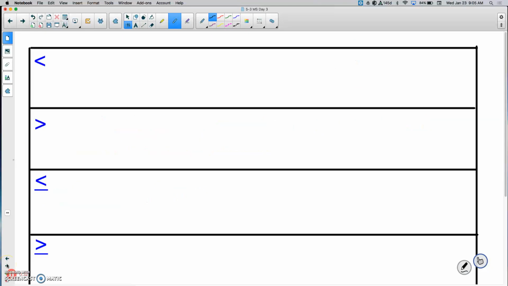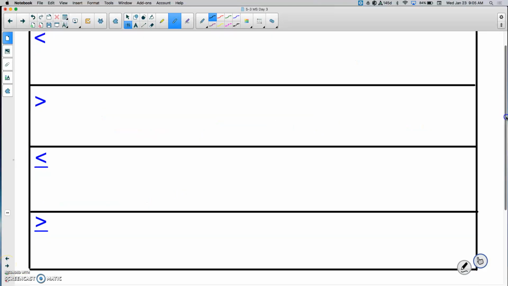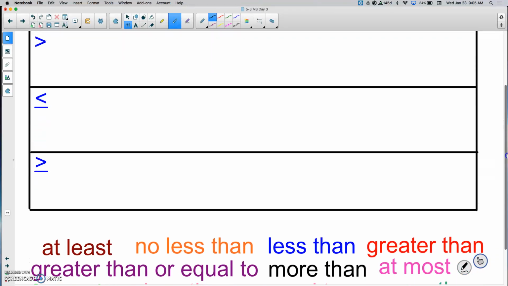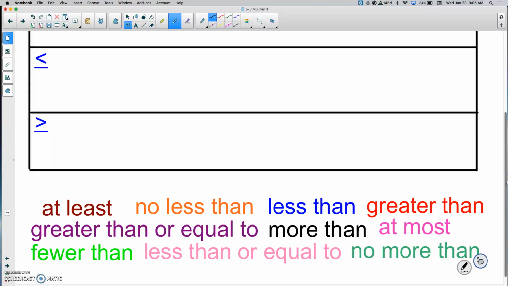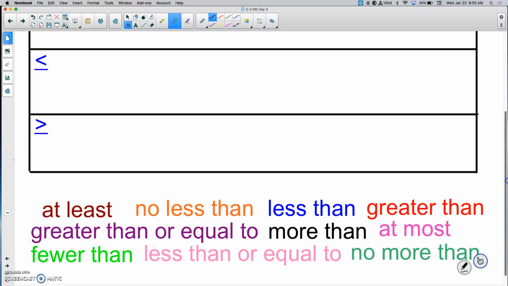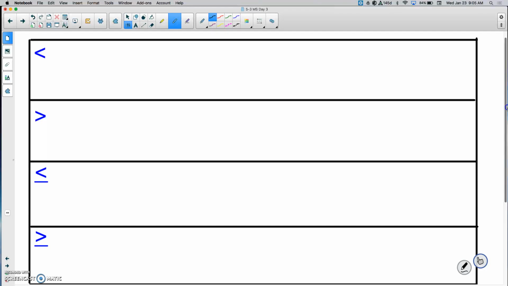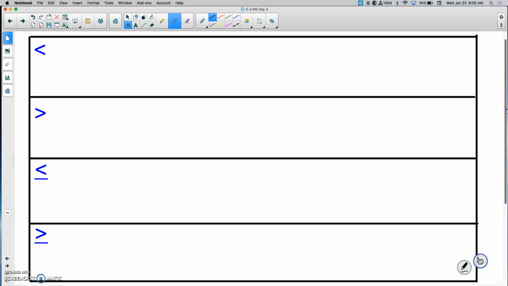Now this first slide has our symbols, and then it's got some words underneath. So what I want you to remember, we talked about these before. We talked about how each of these symbols has a lot of different words that can be represented by that symbol. So the first one is less than.